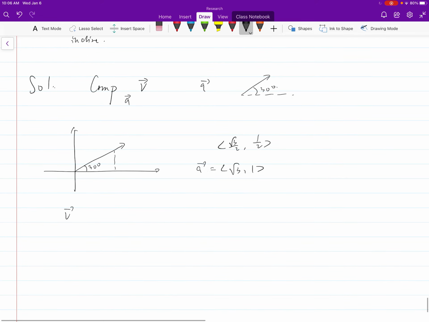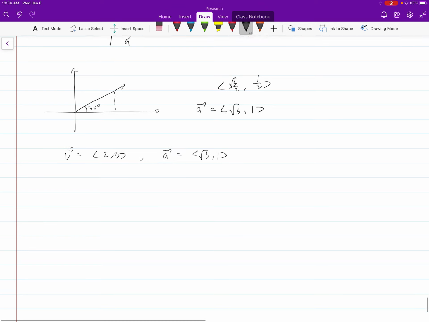Okay. All right, so if I know V equals 2, 3, and my A equals this, then the component of V onto A is V dot A. Make sure you know which one to divide. Okay, it's always this one on the bottom because its length doesn't matter.